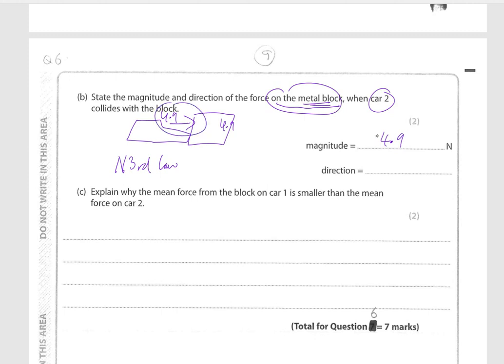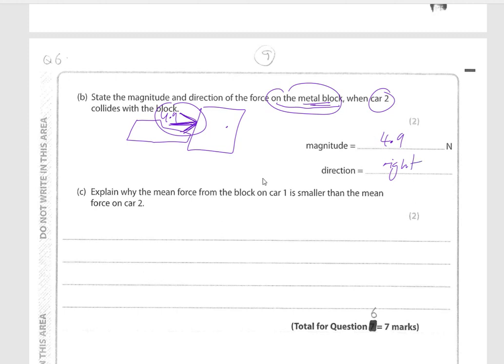So actually we don't need Newton's third law at all. So we just have the block, and the car is coming in and hits the block with 4.9 force, and the car is going to the right. So this is the right.